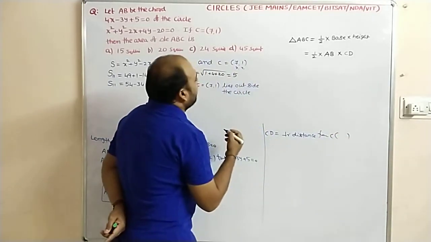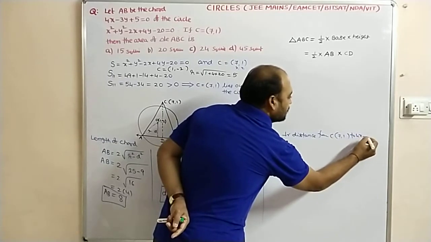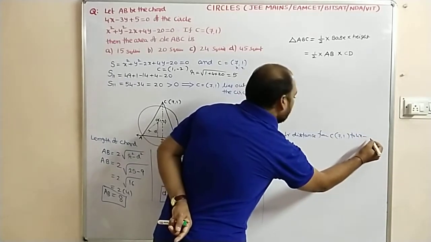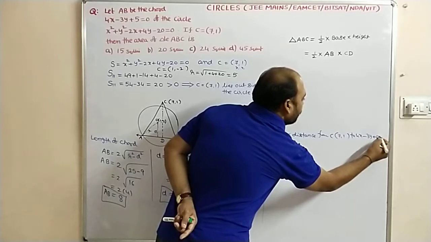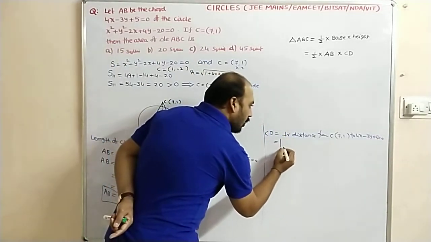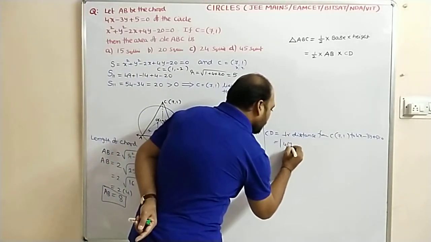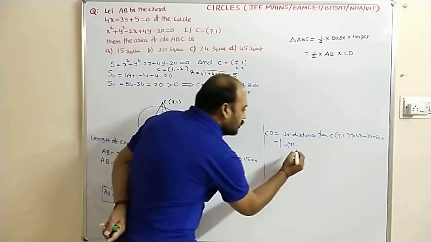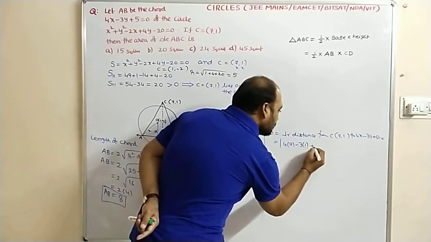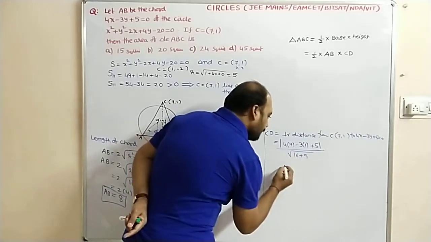C of 7, 1 to the line 4x minus 3y plus 5. So that is equal to mod 4 into, in place of x, 4 into 7 minus 3 into 1 plus 5 divided by root of 16 plus 9.